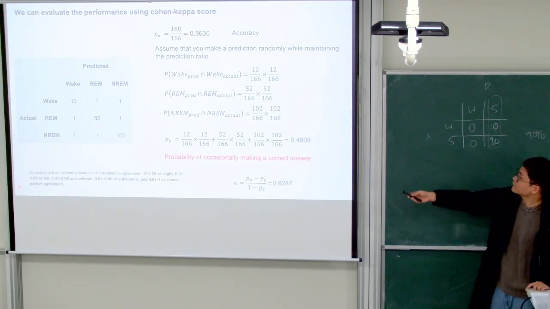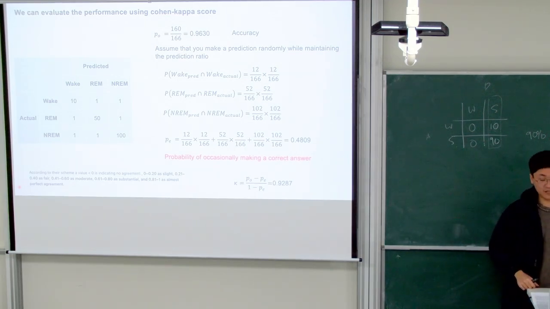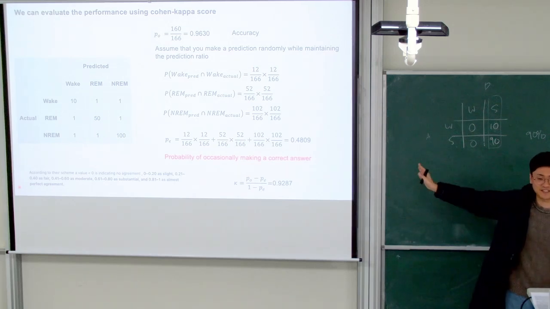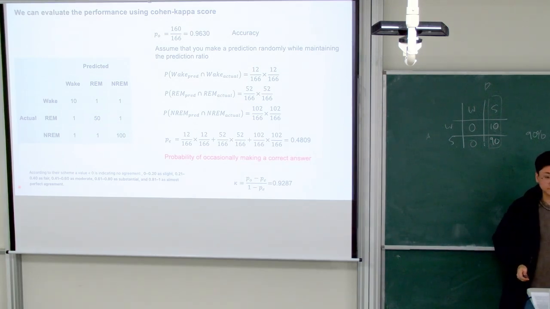So using this one, we can also evaluate the performance of the classifier, and I've seen many papers using these values as a metric, because they give us some meaning. For instance, 0.5 means it's half of the maximal possible accuracy rate. 1 minus PE, the denominator, is compared to the random prediction, how much improvement we can make.